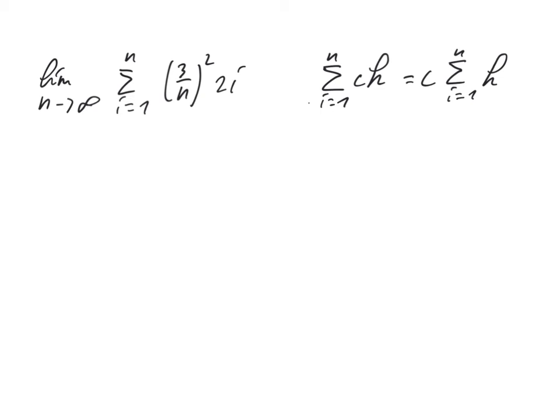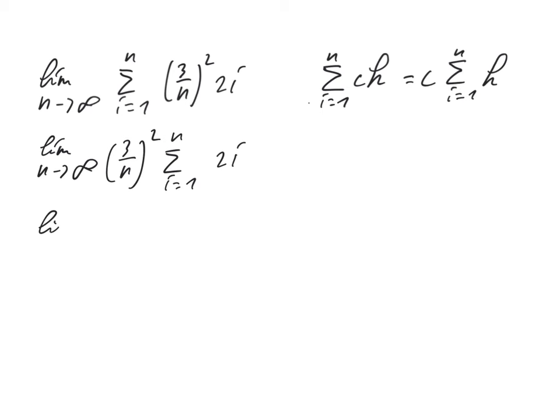And this basically just means for us that we can put the 3 over n squared in front of the sigma. So we still take the limit, but now with the 3 over n squared in front, then still times 2i. And we can do the same for the 2. So we're just left with an i on the right side.